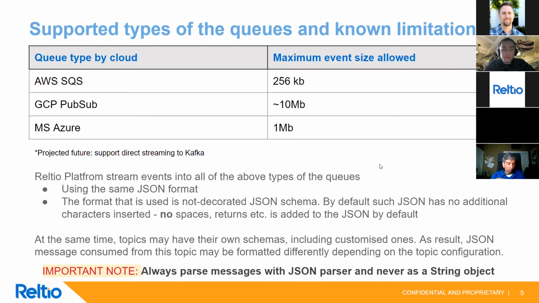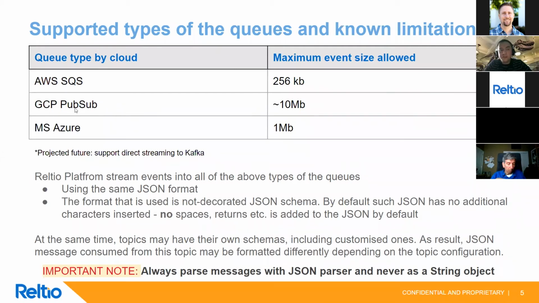So the Reltio platform streams all these events into these types of queues using the same JSON format, which is a non-decorated JSON, meaning no additional spaces, carriage returns, or any other characters are added. But there are 2 important notes here. First of all, these queues may have their own schemas put on top of them.